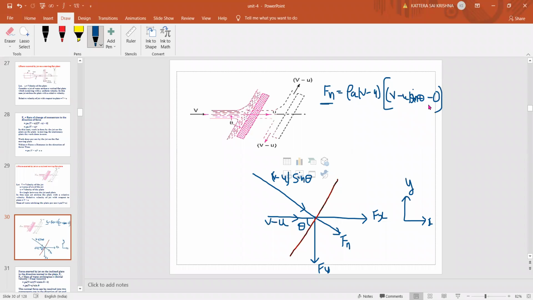Now what you'll get is rho a, times v minus u sine theta, and v minus u into v minus u becomes v minus u squared, sine theta. So this is Fn which we have calculated here.